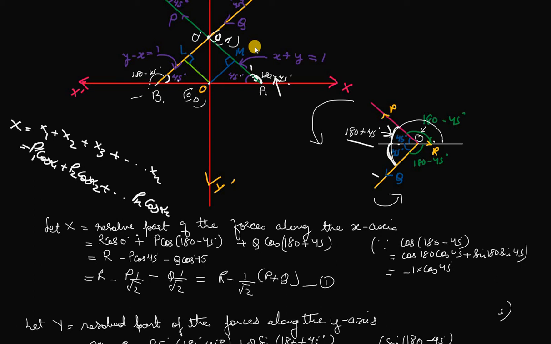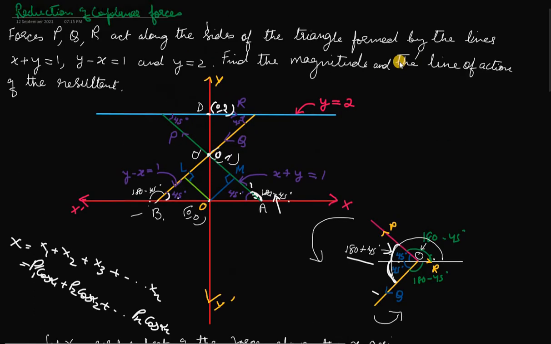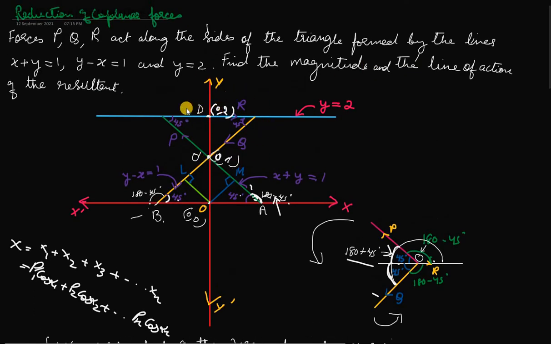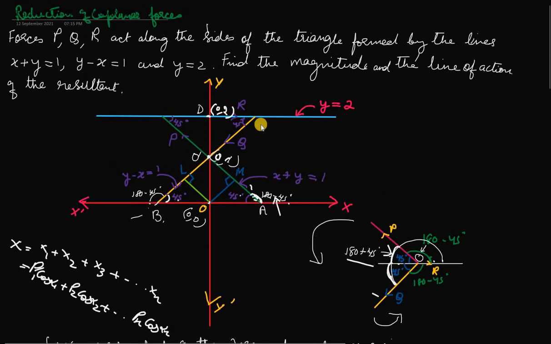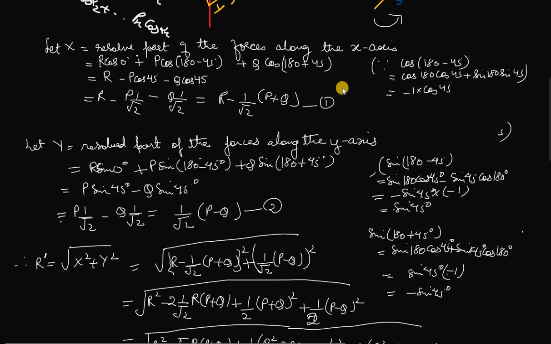So here, as you can see, P1 is equal to R, this force R. Since it is parallel to the x-axis, in the positive direction of the x-axis, the angle made by this force R with respect to the x-axis is equal to 0 degree.